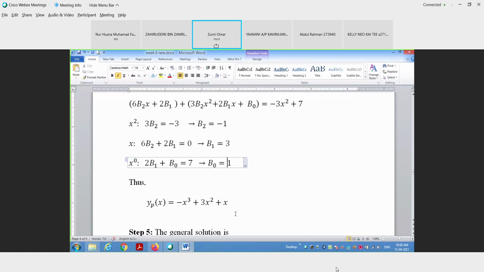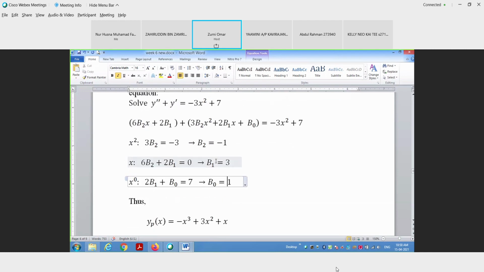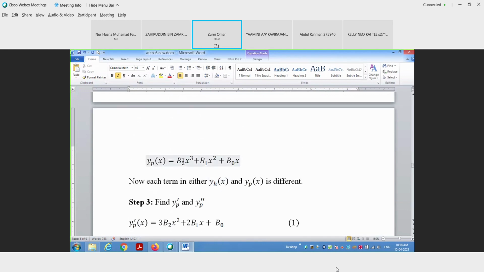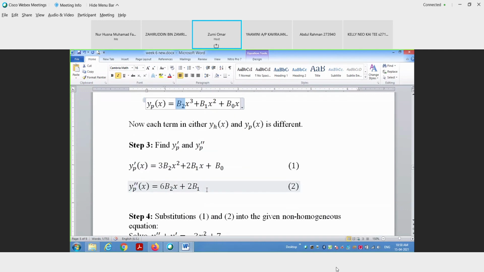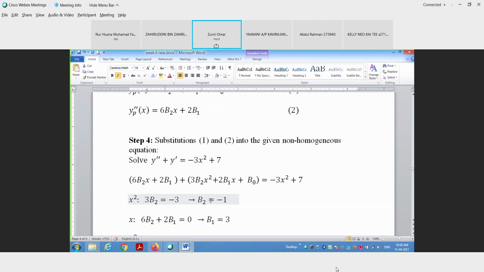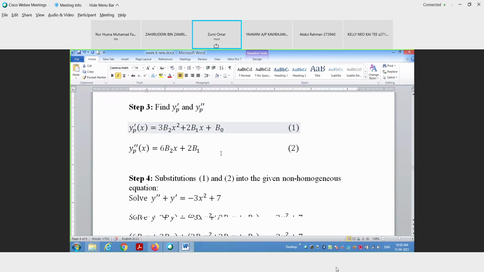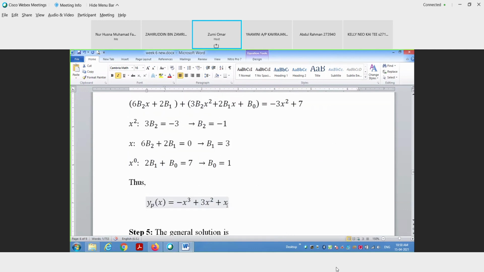So we have found b0, b1, b2. We go up there and replace b2 with minus 1, b1 with 3, and b0 with 1. So yp is in this form.